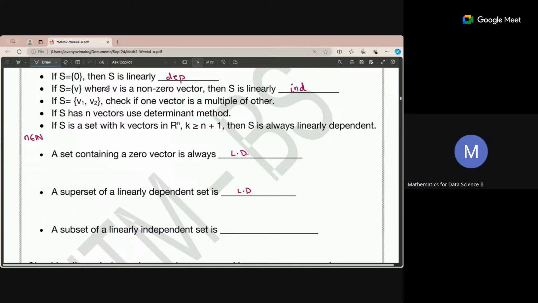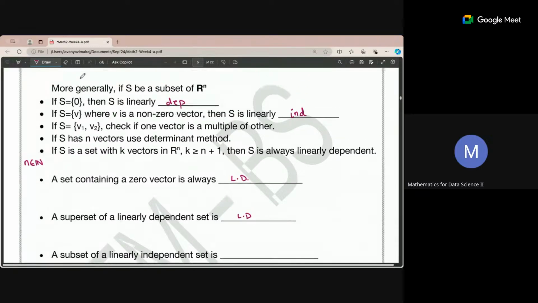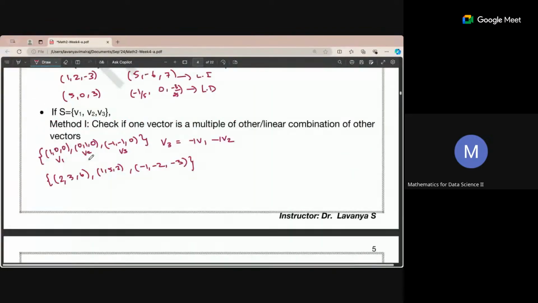You should not get confused. For example, if I am talking about R4, this zero vector means 0, 0, 0, 0. But here what I mean is that this is one vector, this is one vector, this is one vector. Here you are having three vectors. I am not considering the components in each vector here.